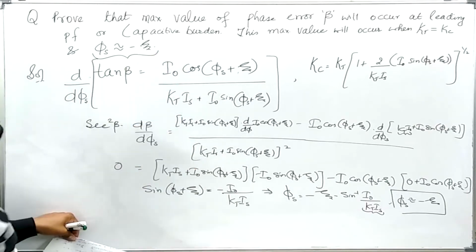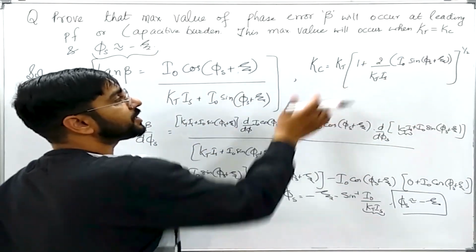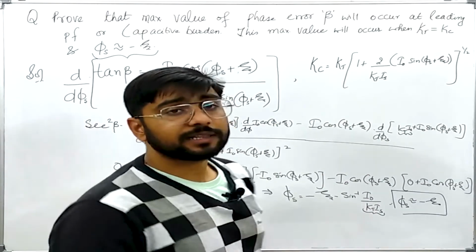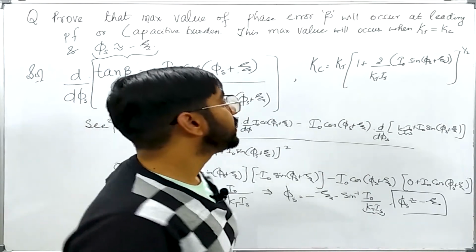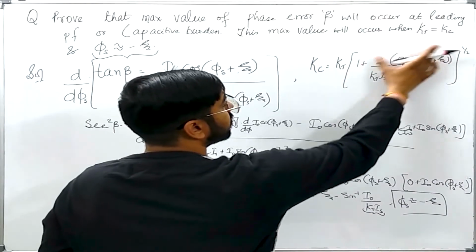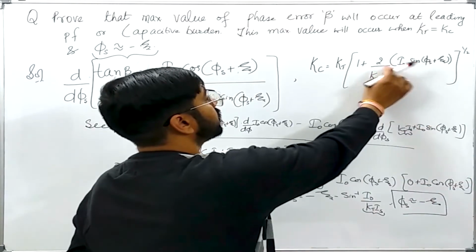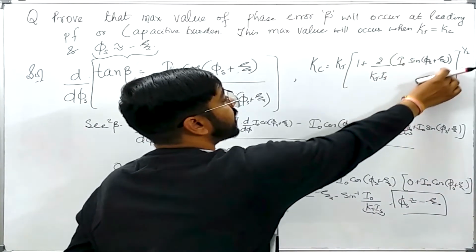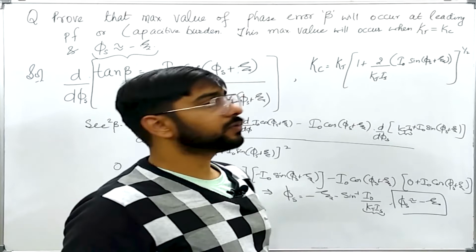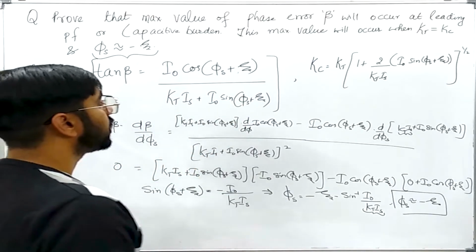Now we want to prove the other thing. Let us come to this equation. When will Kt be equal to Kc? When this second term in the bracket is equal to 0. Now how to do that?